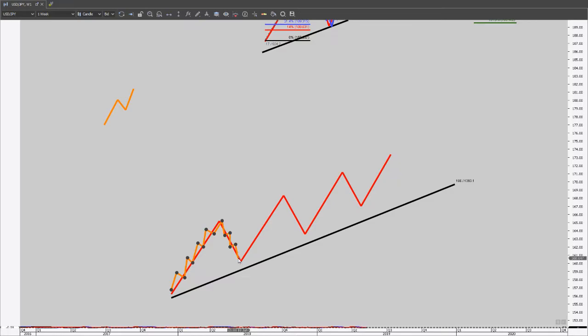Why? Because it must make a low, and from retracements it must get back to extensions. Why? Because it must make a higher high. And after the extension, this is a must, it must go to the retracement mode. Why? Well, again, it must make a higher low, right?